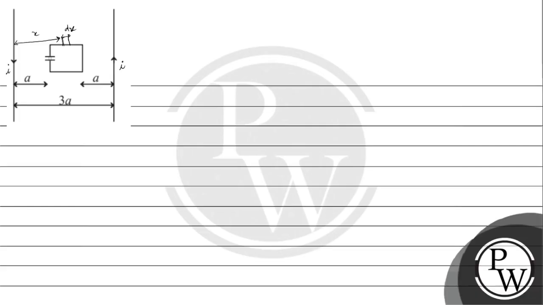So now we first make a note of what is given in the question. Given, the current is varying as I equals I0 sin omega t. The distance between the wires d is equal to 3a.